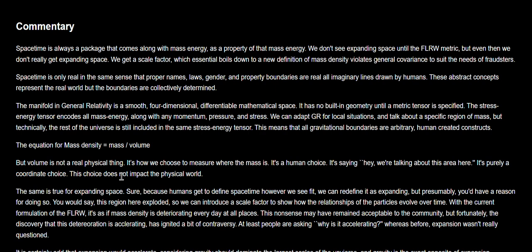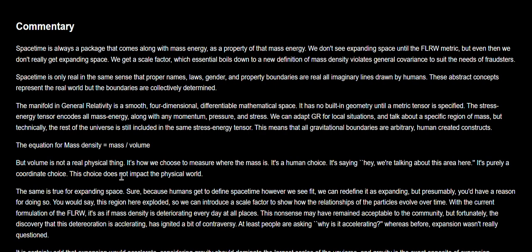It's like saying, hey, we're talking about this mass right here, not that mass over there. It's purely a coordinate choice. This choice cannot impact the physical world. It's crazy that I have to explain this.